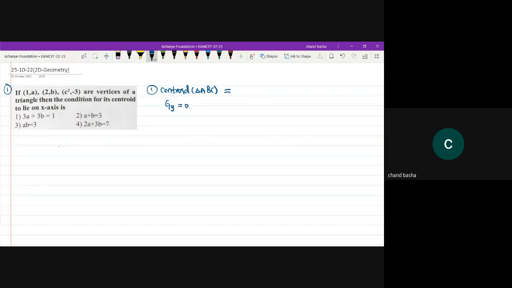This is clearly given, because it lies on the x-axis. So the condition for the centroid to lie on the x-axis is that the y value is 0. Taking the sum of the coordinates, a plus b minus c divided by 3 is equal to 0. This is the y value. So from this, a plus b minus 3 is equal to 0. A plus b is equal to 3. It is absolutely correct.